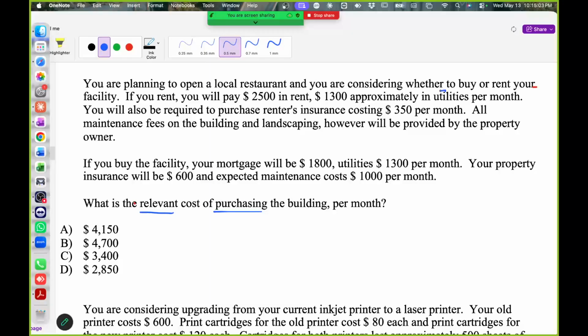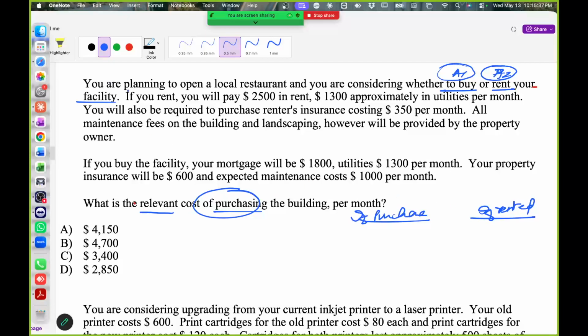Alternative 1, to buy or rent. This is alternative 1, purchase: purchase the facility and start the restaurant, or you rent the facility and start the business. Now they are asking for purchase.